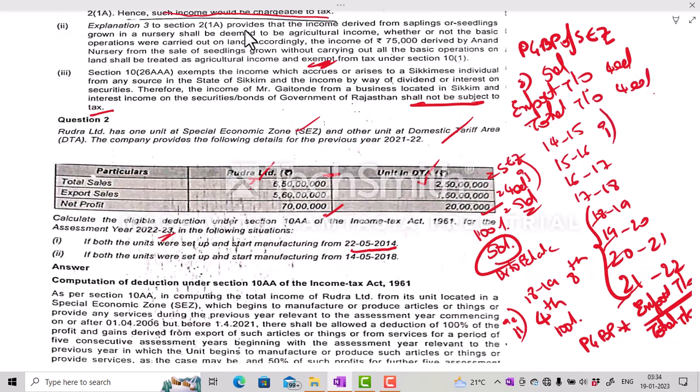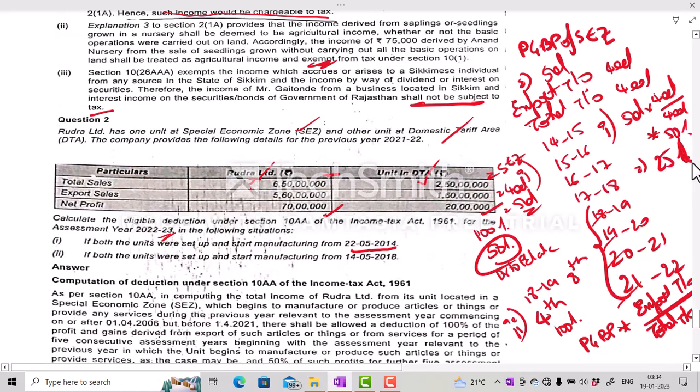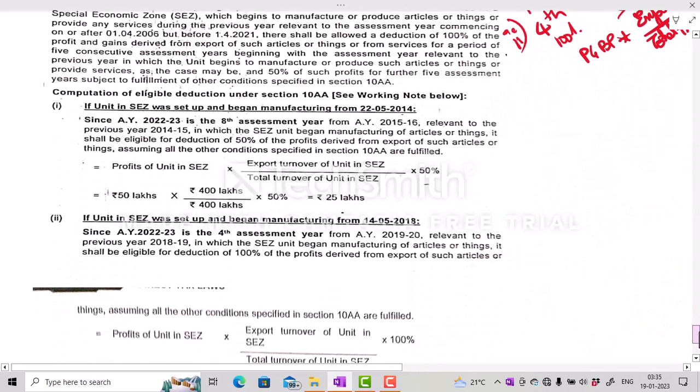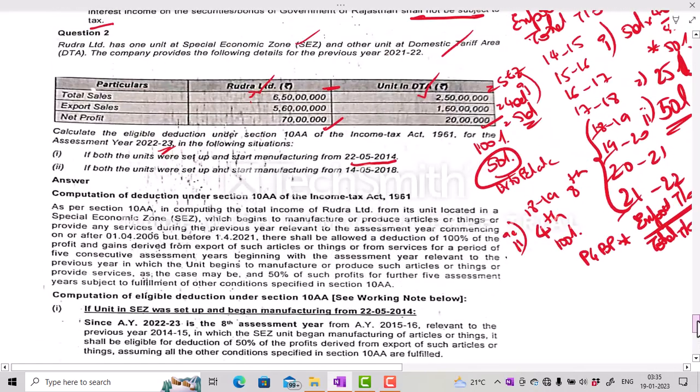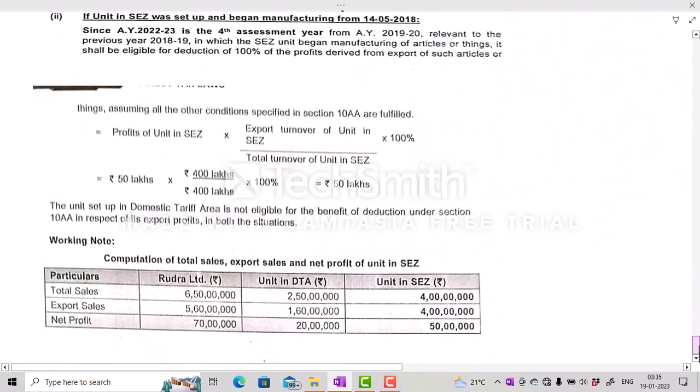So in the first case, 50 lakhs into 400 lakhs by 400 lakhs into 50% is 25 lakhs. In the second case it is 100%, that is total of 50 lakhs. Okay. And is there any question pending? 25 lakhs in the first case and 50 lakhs in the second case.